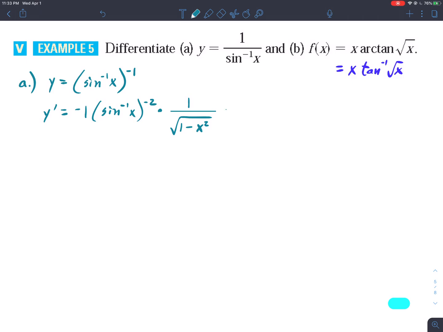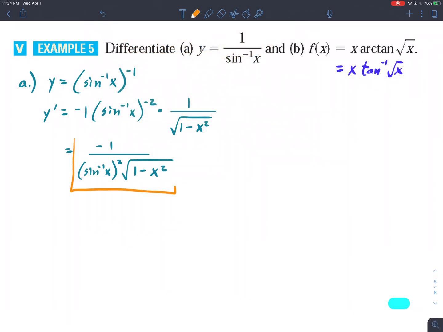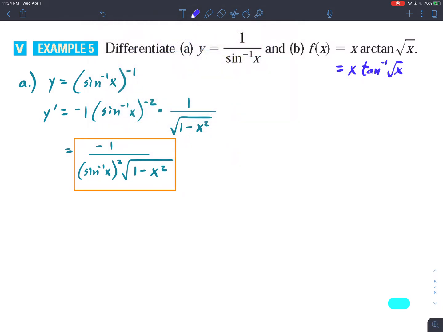All right, so if we want to clean that up at all, it's going to give us a negative 1 over inverse sine squared times square root 1 minus x squared. Not really any cleaner way to write that. That is about as good as we're going to get. All right.